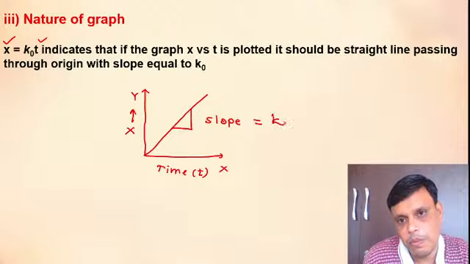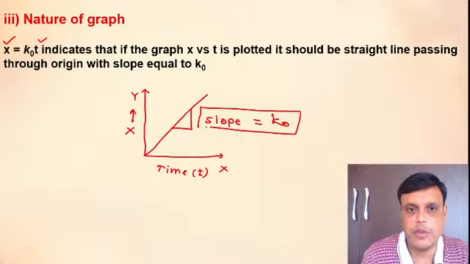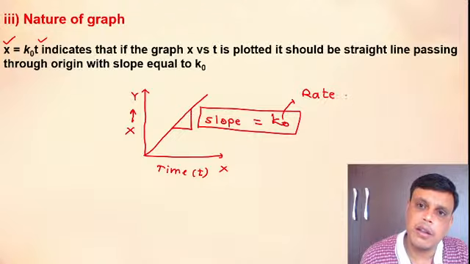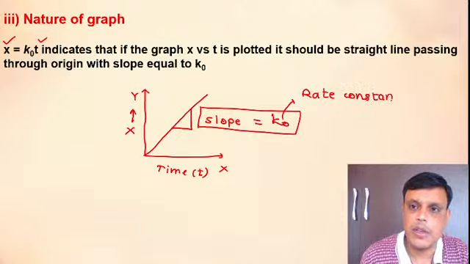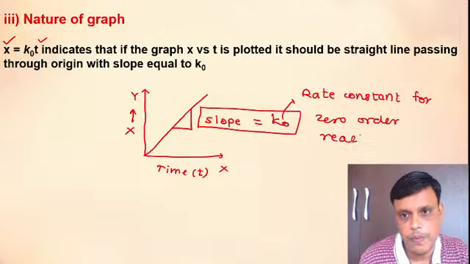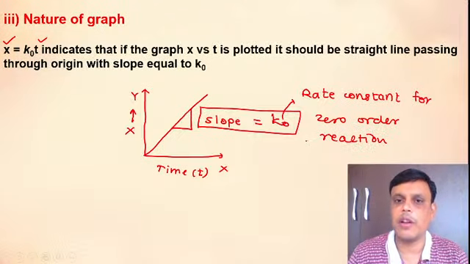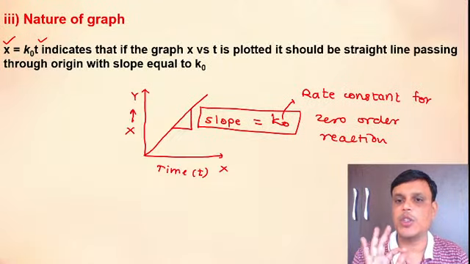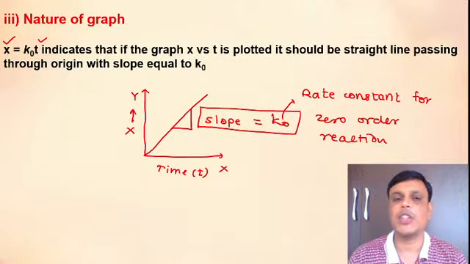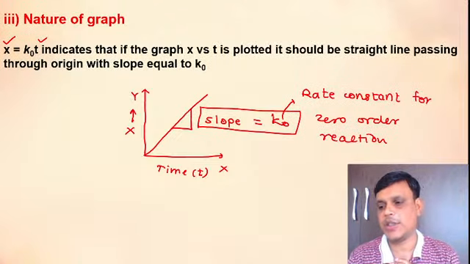By slope you can find out k0, and k0 is nothing but the rate constant for zero order reaction. So by plotting the graph of x versus t, we can find out the k0 for any zero order reaction.